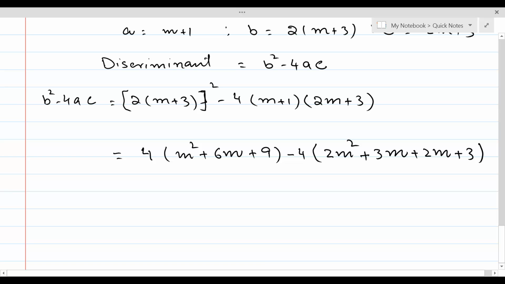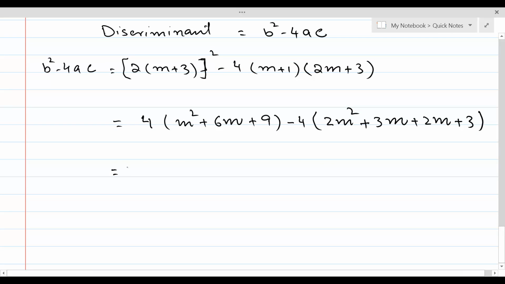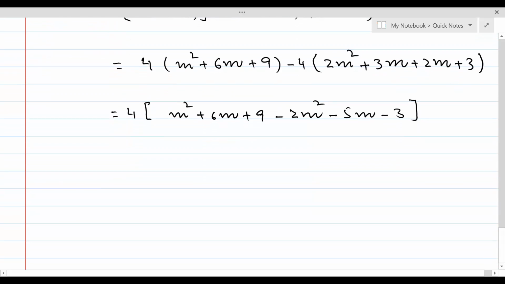Now if we take 4 as common, the inside will be m square plus 6m plus 9, minus 2m square minus 5m minus 3. If we further simplify, this will become minus m square plus m plus 6.